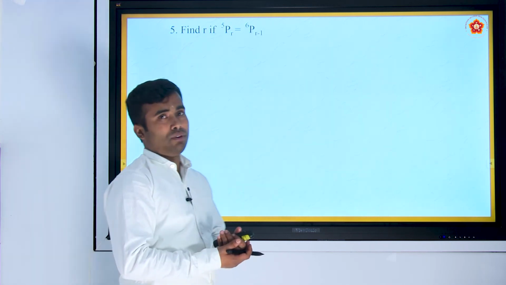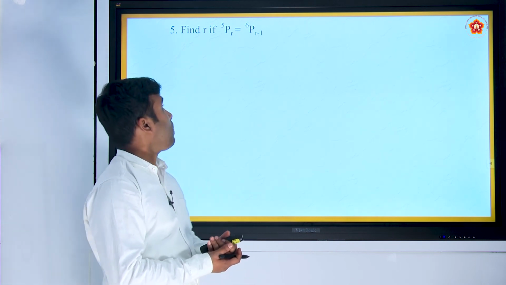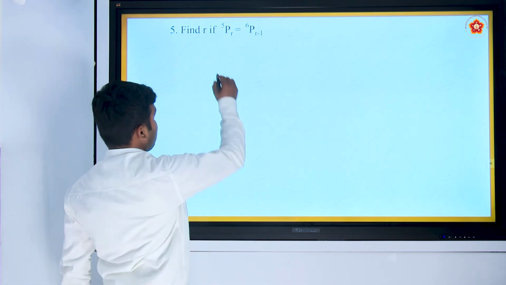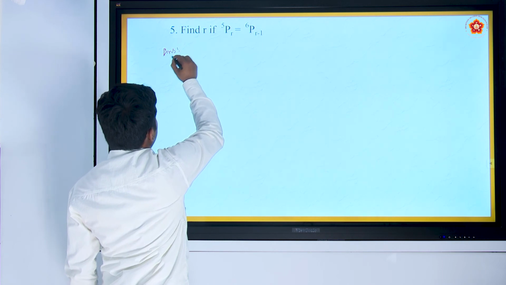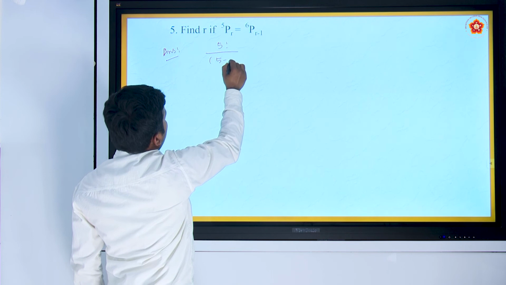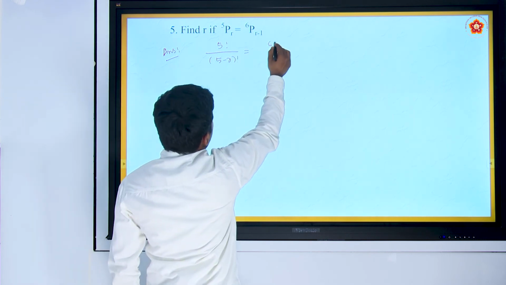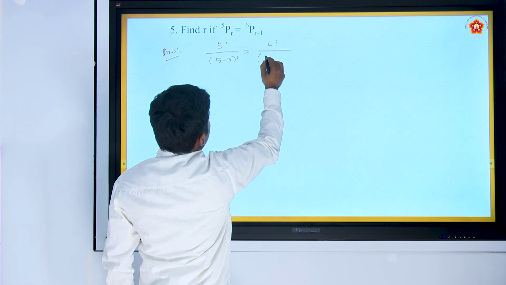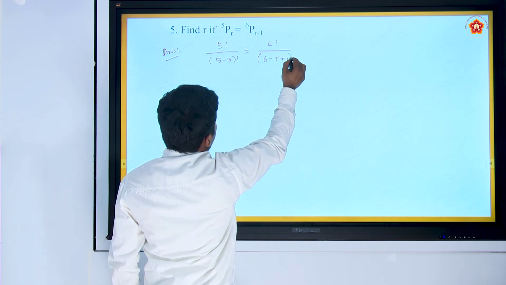Next, find the value of r if 5Pr is equal to 6P(r minus 1). So the approach is the same. You can apply the formula: 5 factorial divided by 5 minus r factorial is equal to 6 factorial divided by 6 minus r plus 1 factorial.